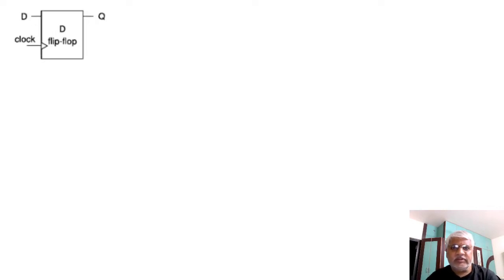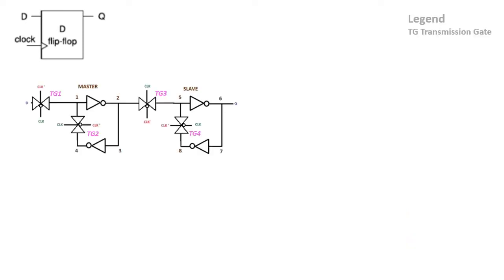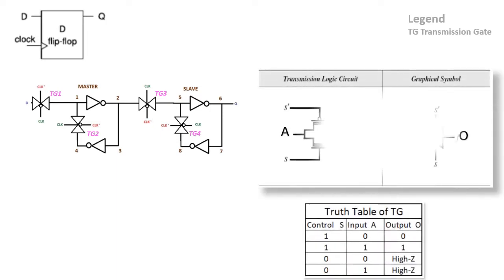As you know, the D flip-flop contains master and slave latches, which have transmission gates and back-to-back connected inverters. Before we go further on how it is implemented, we will briefly discuss the transmission gate.